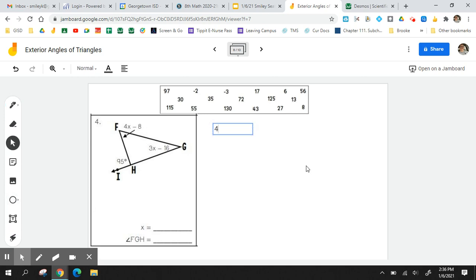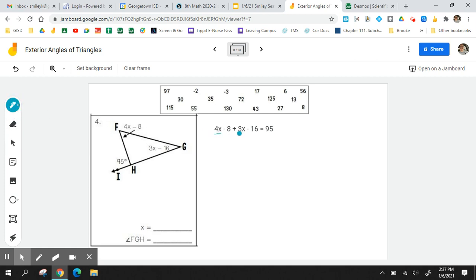So we're going to have 4x minus 8 plus 3x minus 16, and it is set equal to the exterior angle 95. For this one, set up differently, we're actually going to have to combine like terms first.